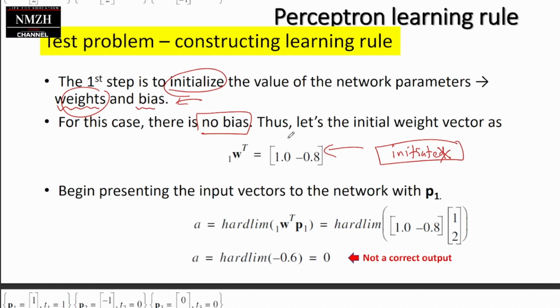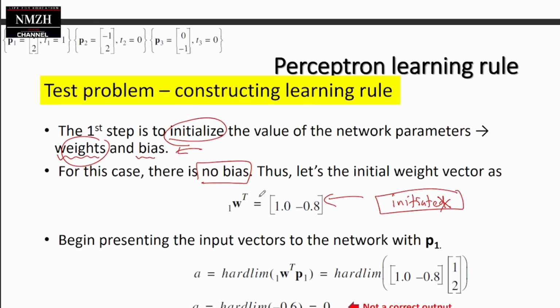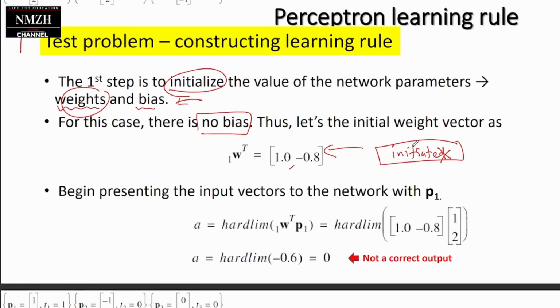We need a weight for these 2 inputs, otherwise the neuron is not working. So this one happens to be 1.0 and negative 0.8. We try to initiate this value.